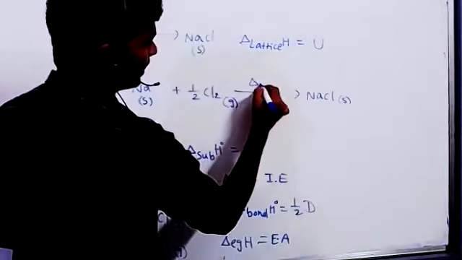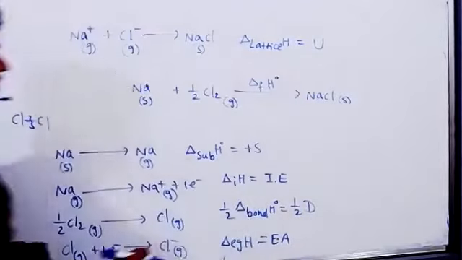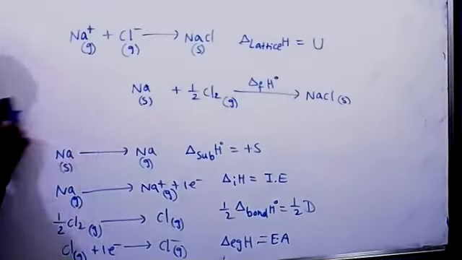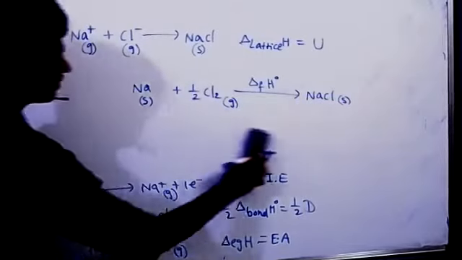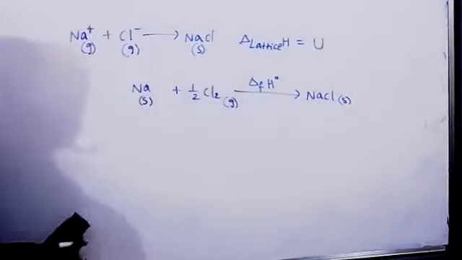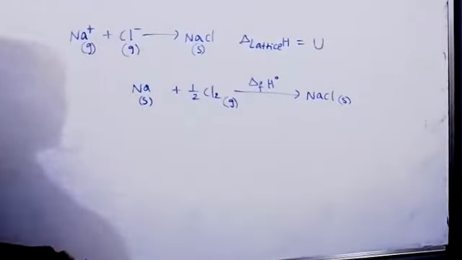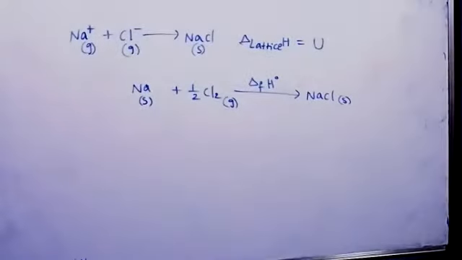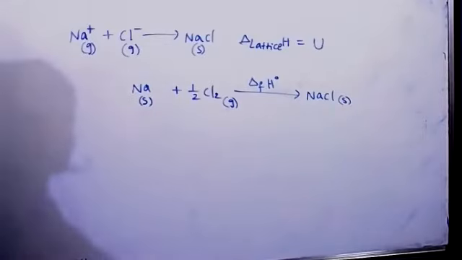This is what we call the enthalpy of formation of NaCl. This is a direct step. So the enthalpy change in the direct step must be equal to the enthalpy change in the indirect steps. That is called Hess law.